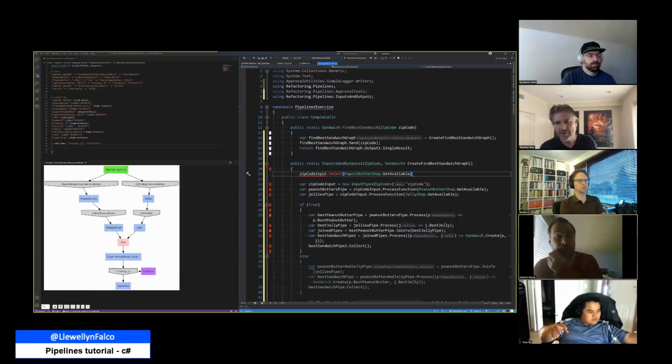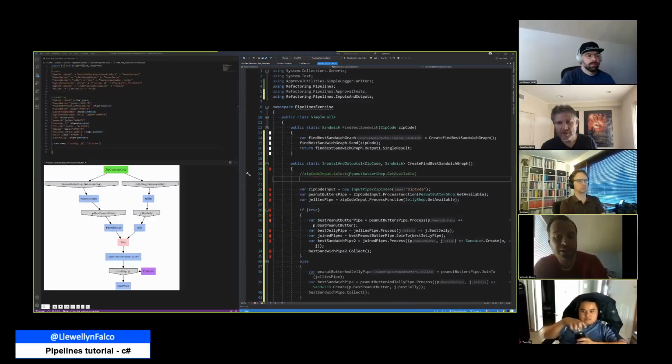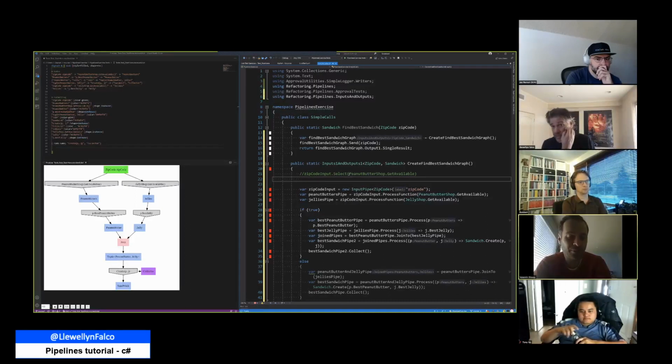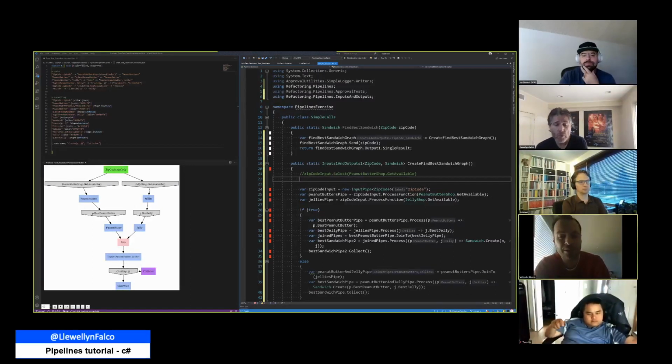So I really like the idea, not necessarily for the moving to async, yeah, but in terms of seeing your call graph as a graph, and I like that.